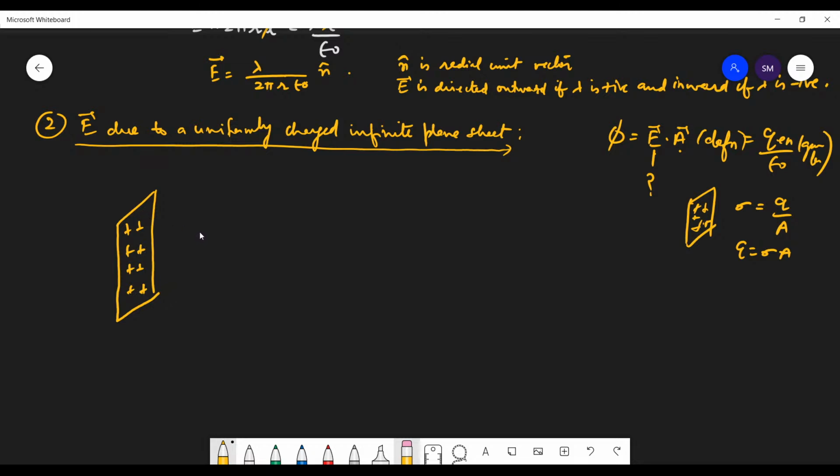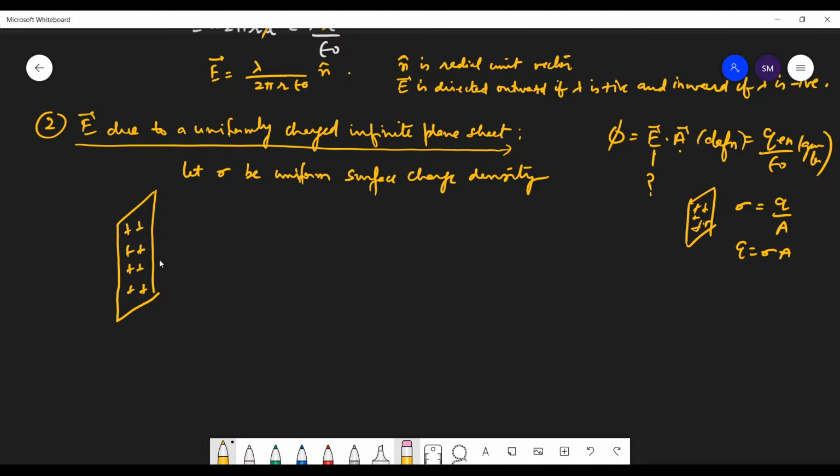It has positive charge, uniformly distributed. Now we need to write: let sigma be the uniform surface charge density of the infinite plane sheet, and we take the x-axis normal to the given plane.